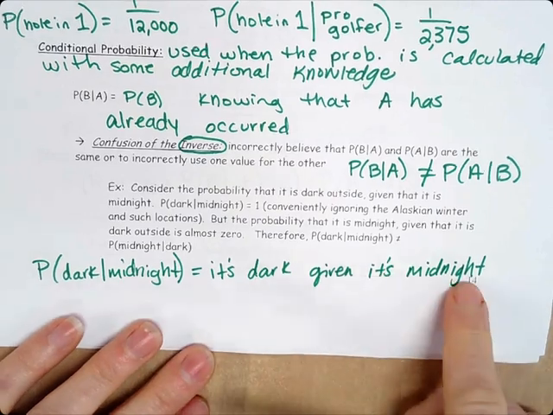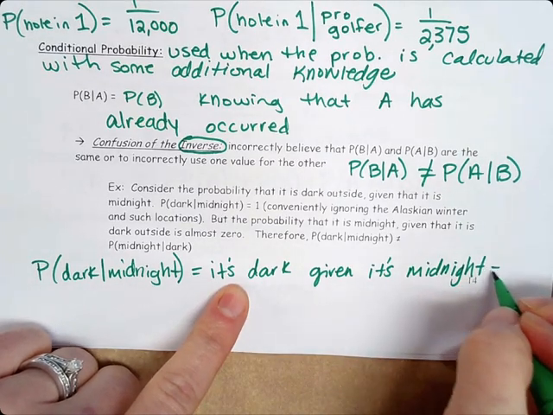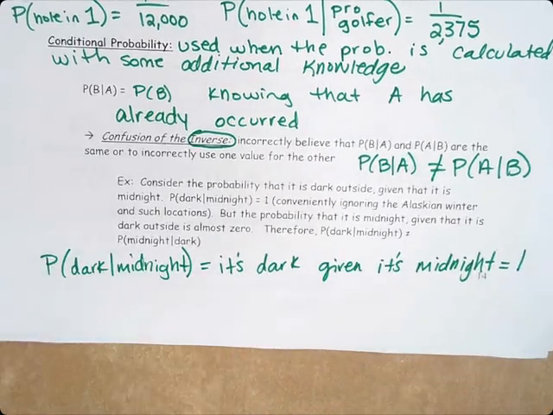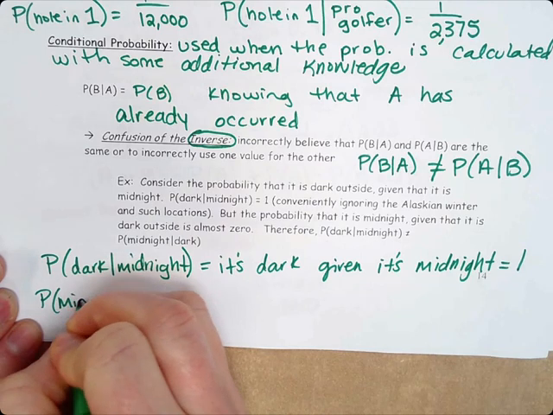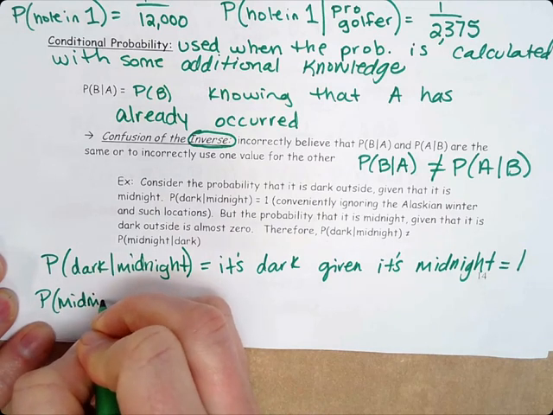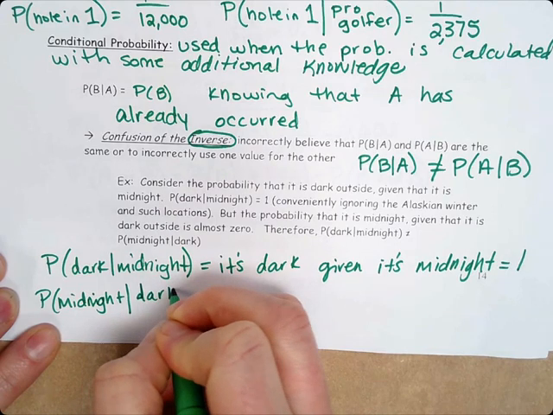So we know it's midnight. So is it going to be dark? Yeah. So that's 100% probability. That's certain. So that equals 1. But then if we switch it around, probability it's midnight given that it's dark.